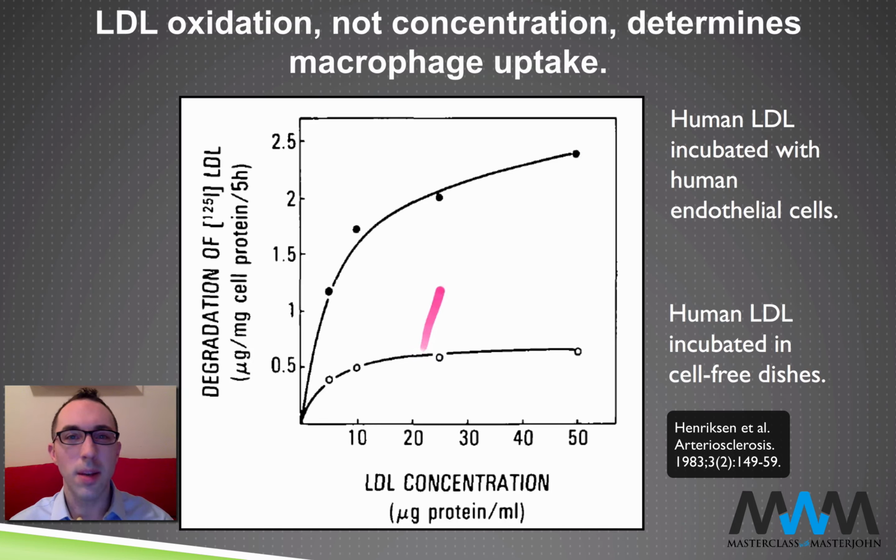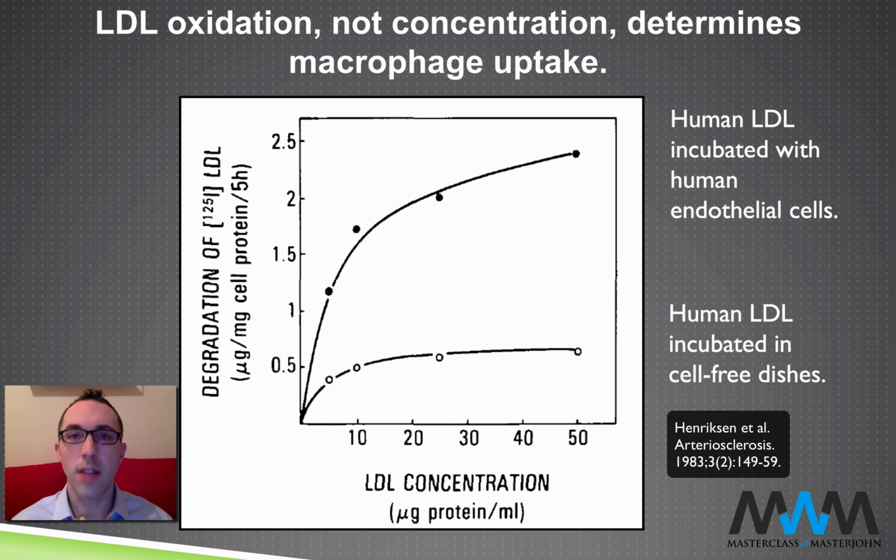But simply having it endothelial modified versus not causes a 5-fold increase in uptake. So clearly the modification and not the concentration is the key driver of uptake of LDL particles into the macrophages that populate atherosclerotic plaques.